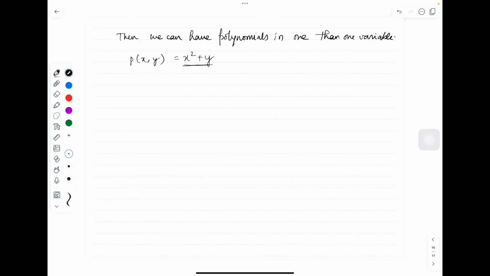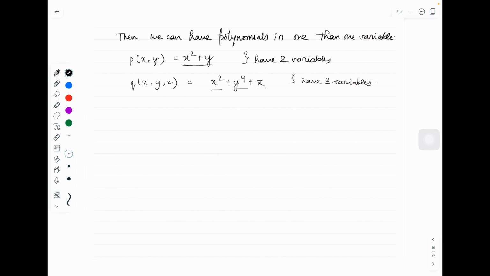This polynomial has two variables, x comma y. And this is q of x comma y comma z: x square plus y to the power 4 plus z. Here this has three variables. We are only studying polynomials in one variable, not polynomials in two variables, in this section. So this is the end of the first section.